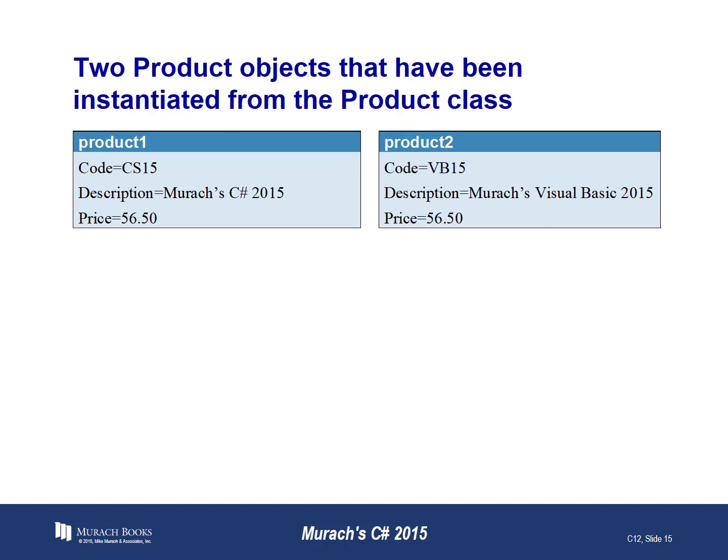What would specific instantiations of a product look like? Well, here are 2 examples of 2 different textbooks that we could store in the product class. One is the C# book, and one is the Visual Basic book. And you can see that they have codes, a combination of 2 letters and 2 numbers, descriptions, the actual title of the book, and prices.